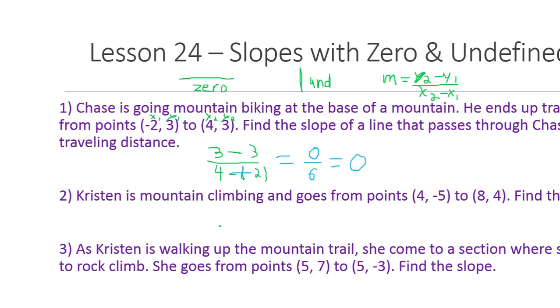Now the next one says, Kristen is climbing and goes from points 4, -5 to 8, -4. Find the slope. So in this case, again, we're going to do our x1, y1, x2, y2. And then plug it into our formula.